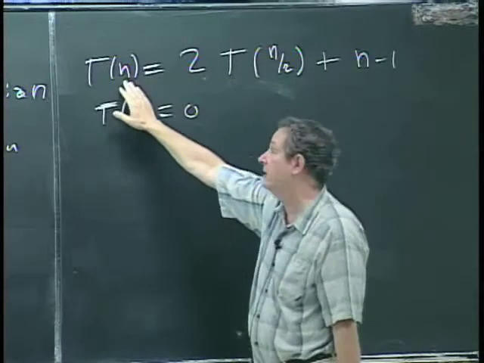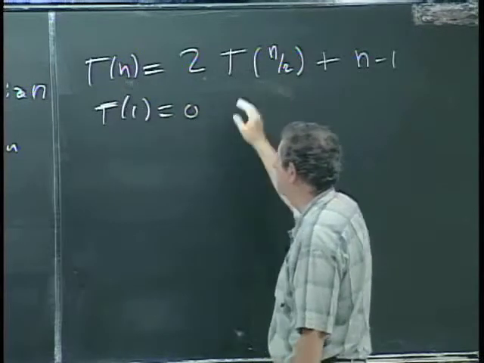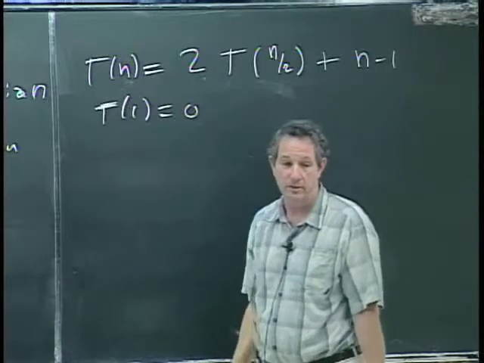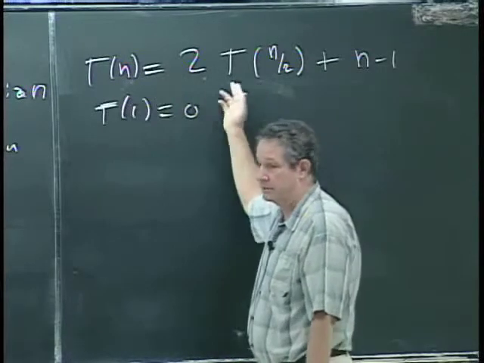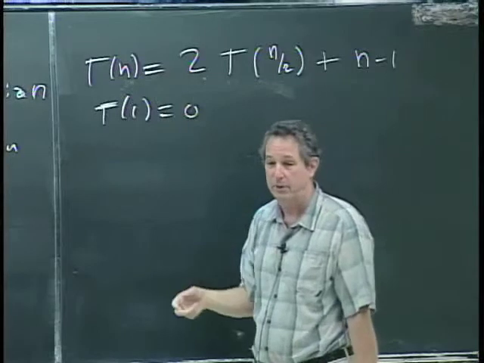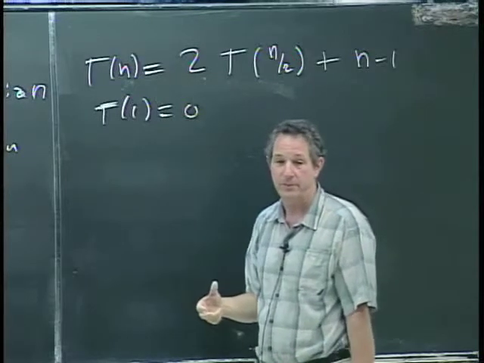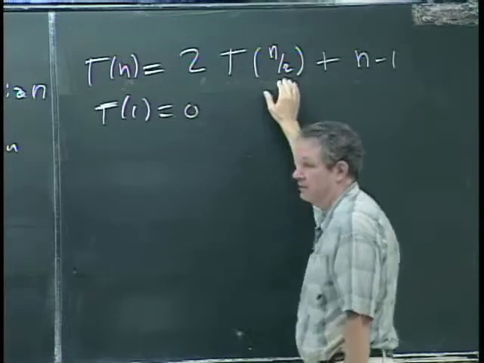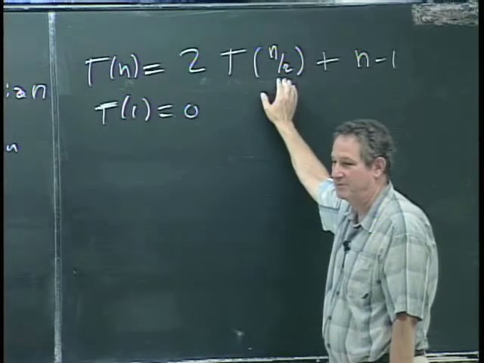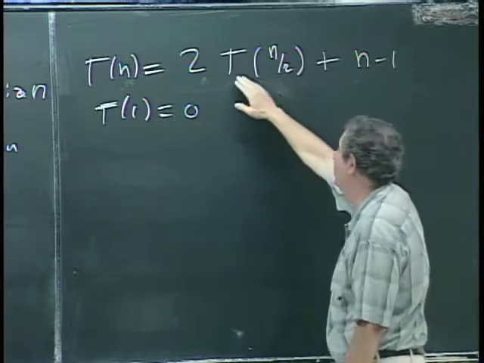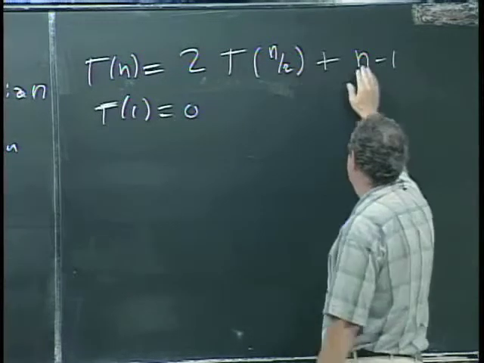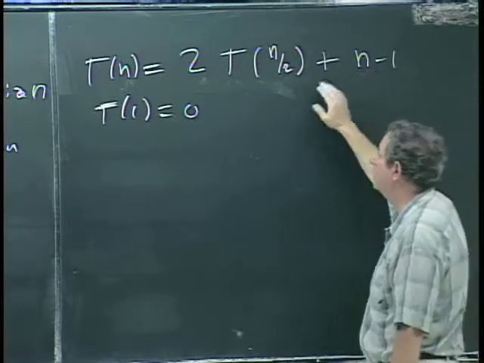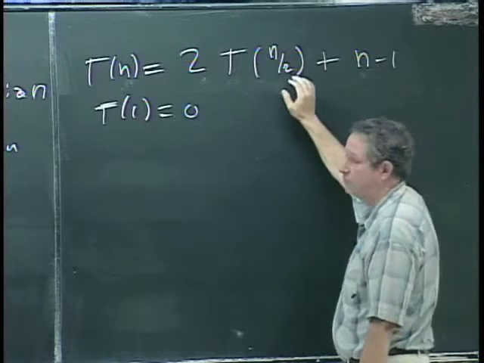So if I take n, let me take it as a power of 2 here, just for convenience. Let's say I take n equal to 1024. Okay, I can use this recurrence relation to ultimately figure out what T of 1024 is, because T of 1024 is twice T of what's half 1024? 512. Thank you. It's twice T of 512 plus 1023. Okay? Well, then I need to know what T of 512 is.